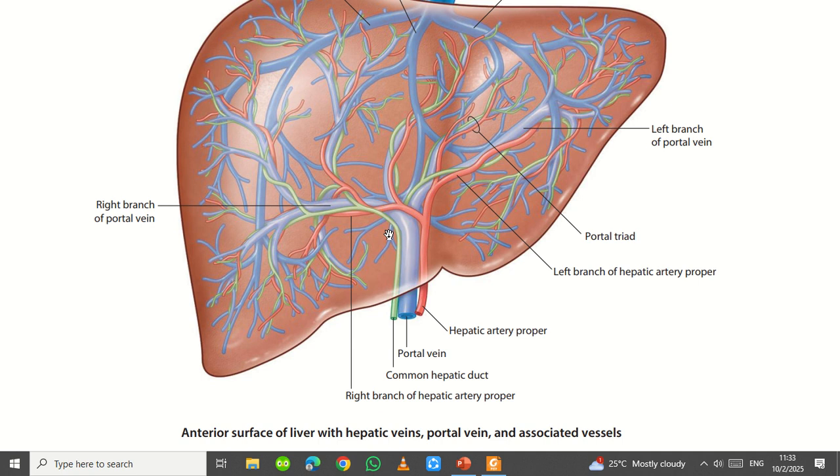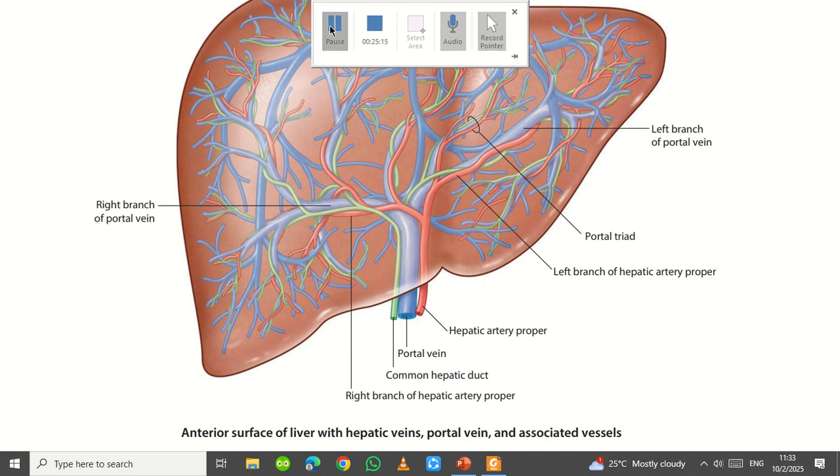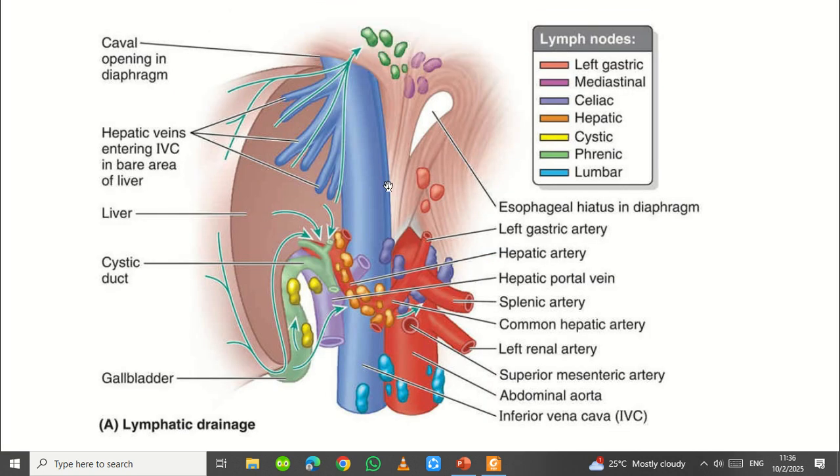Right. Let's take a look at the nervous and lymphatic drainage of the liver. For the lymphatic drainage, you just have to understand that the liver comes from the foregut. So it's going to be supplied by branches of the hepatic artery, which is a part of the foregut supply.